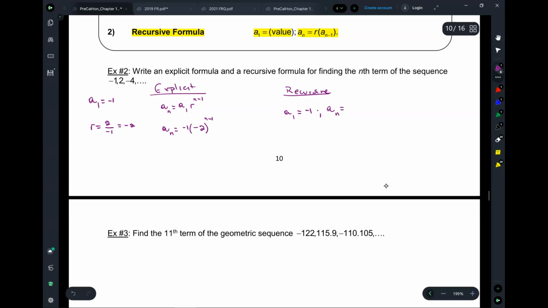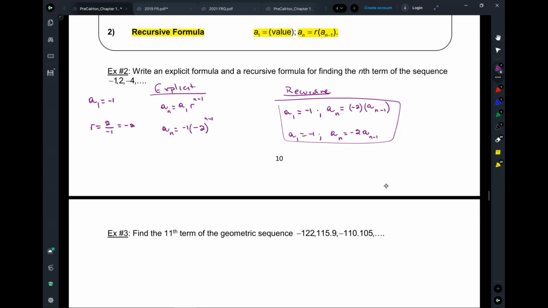AN is equal to whatever R we got, negative 2, times A n minus 1. The parentheses are not required, so you could also do negative 2A n minus 1. Either one of those is okay.